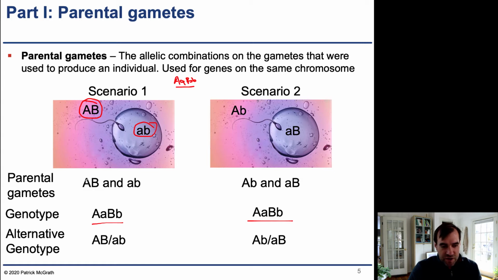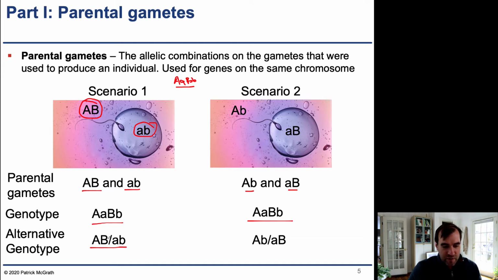The parental gametes are listed here: big A, big B, and little a, little b, versus big A, little b, and little a, big B. This motivates us to have a new way to write out the genotype of an individual to also give this information. If you see something like this, this is why we would write it in this way.